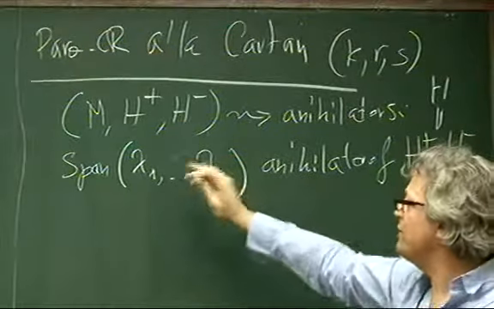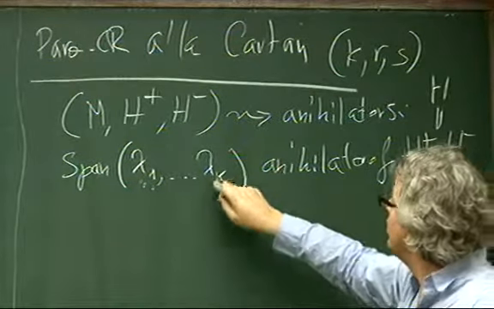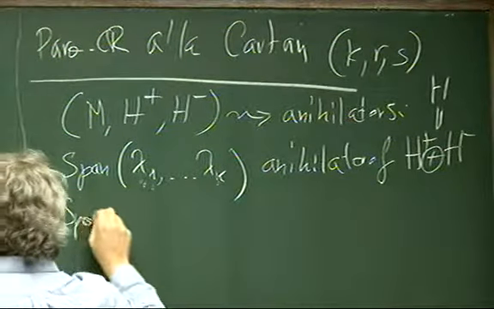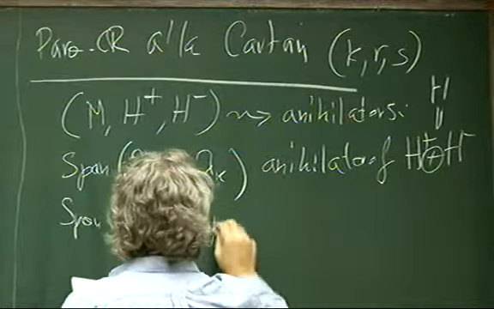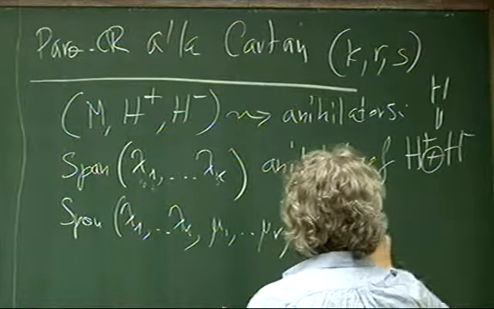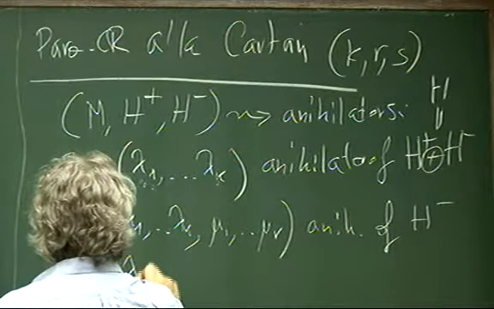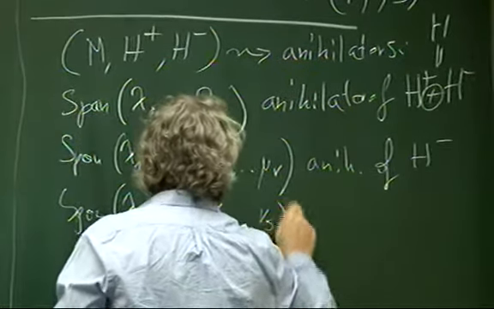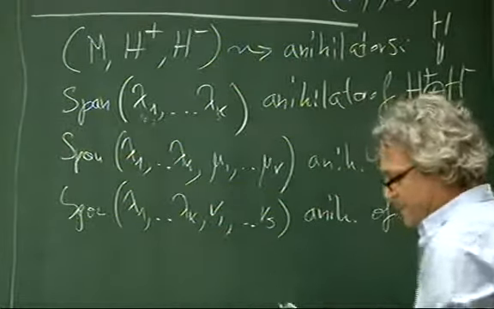They are not uniquely defined, but I can have k linearly independent one forms at each point that annihilate H. Then the span of lambda 1, lambda k, mu 1 to mu r will be the annihilator of H minus, and finally the span of lambda 1, lambda k, mu 1 to mu s will be the annihilator of H plus, right?